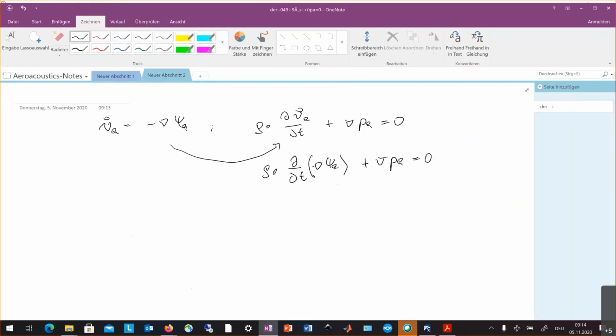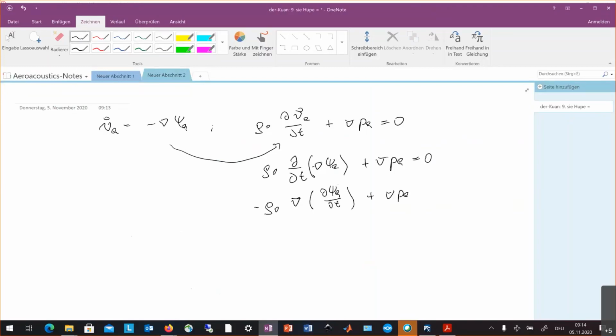And now, in general, you can rewrite this as minus mean density, with the gradient and the time derivative. So you can exchange time and space derivative.